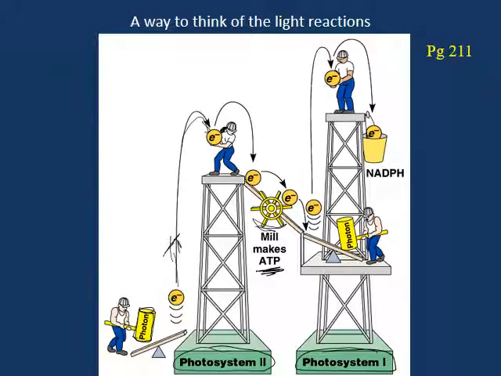Then you can see a second photon being used right here to re-energize this electron back up to another photosystem, photosystem 1 in this case, until it's passed on to its final acceptor, which is NADPH now, because now it's carrying the electrons.